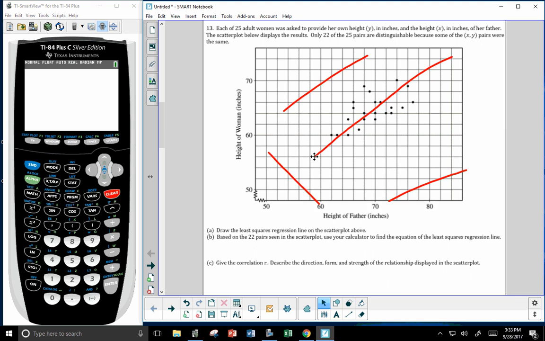And so I have 62, 63, 65, 65, 66, 66, 67, 68. Hope I've left myself enough room. Okay, 69 and then 70s.